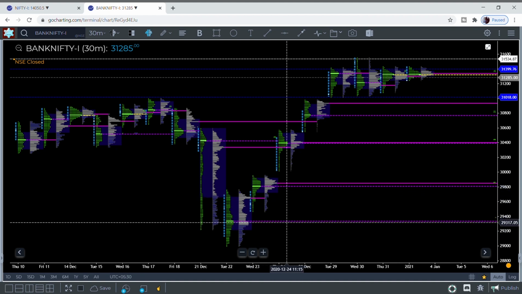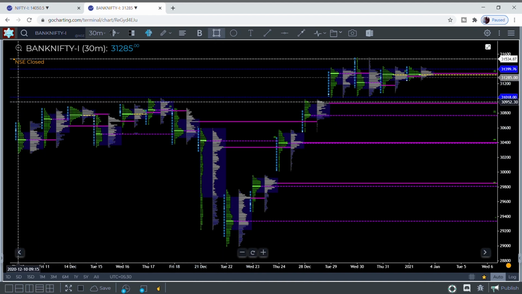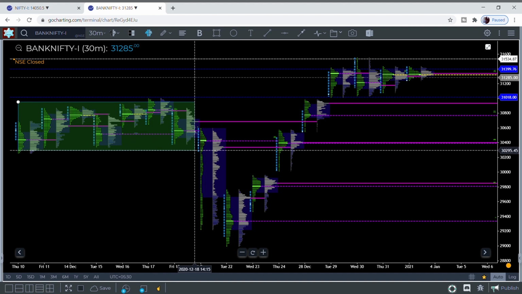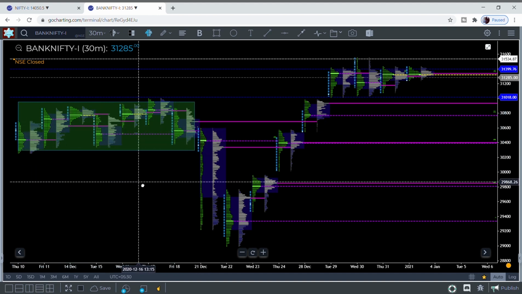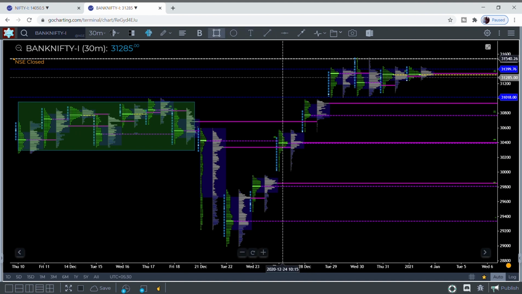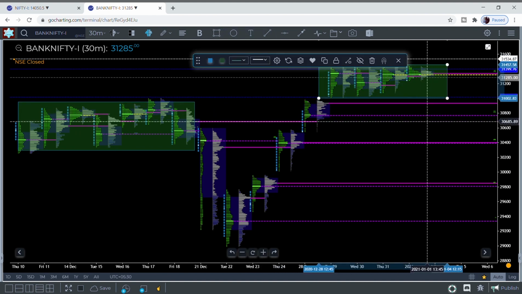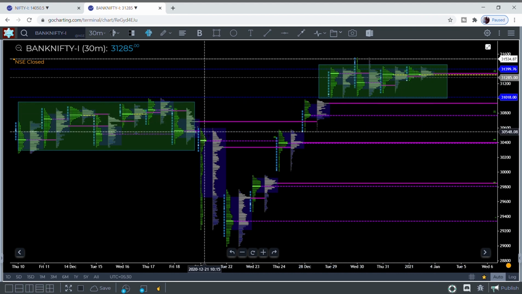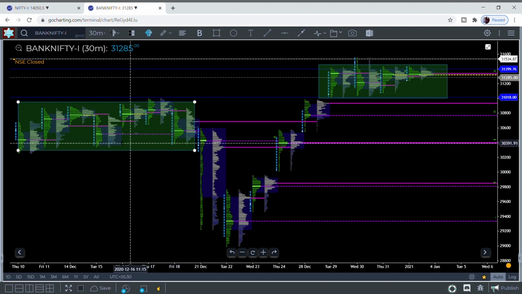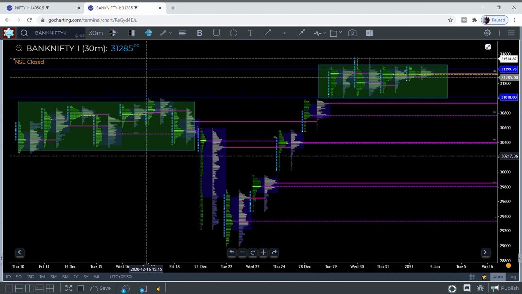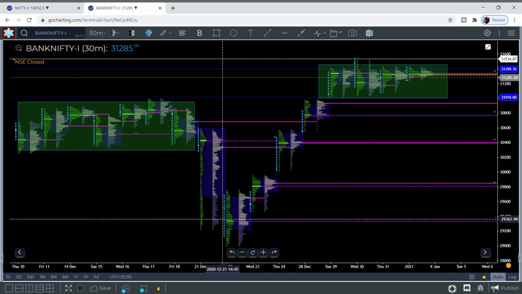And then there comes a phase like this, let me mark it here, where there is balance for so many days in a row, something like this, which is presently happening in Bank Nifty. So this is called balance. Something like this is called imbalance. And when we break out of this balance, it's called going from balance to imbalance.